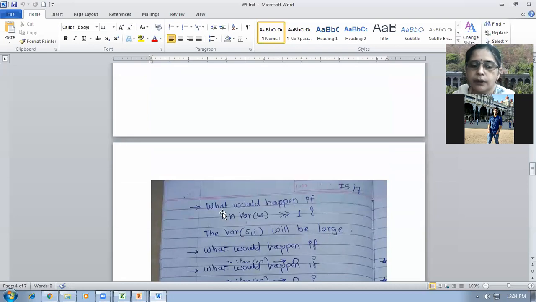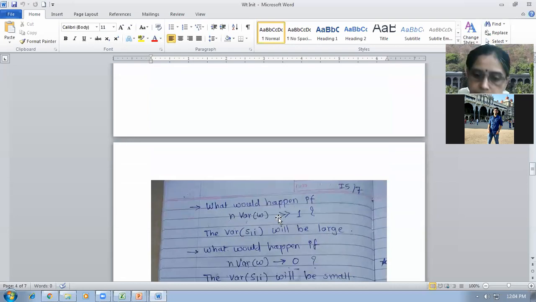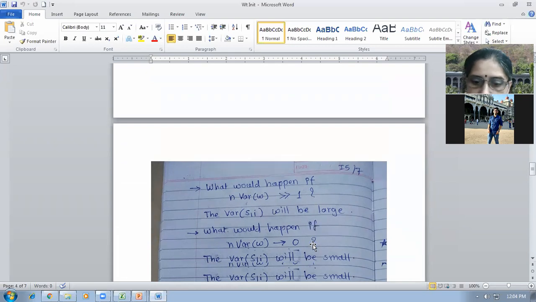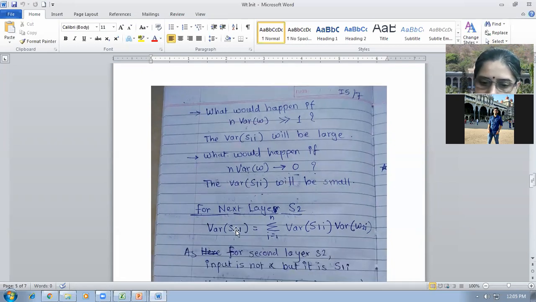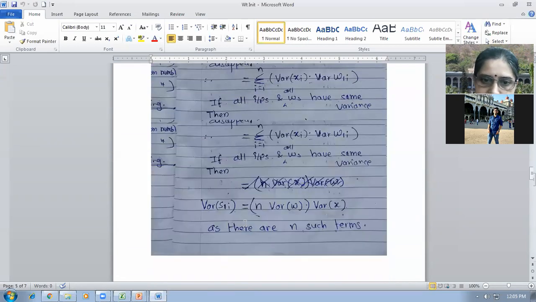Now, if n into variance W is very much greater than 1, what will happen? Variance of S1i will be very large. And if n into variance W is very small, if it tends to 0, then variance S1i will be very small.